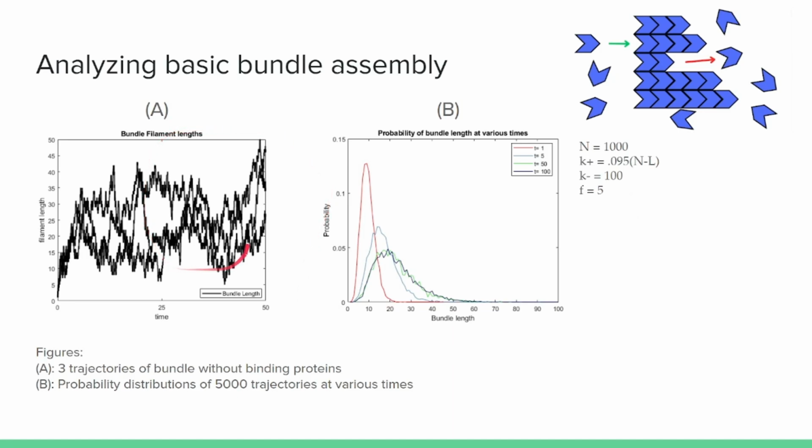So first, in figure A, we have 3 trajectories of a bundle without binding proteins, just showing how bundle length will change in a small sample of time. Each of the bundles starts increasing rapidly in a short period of time.